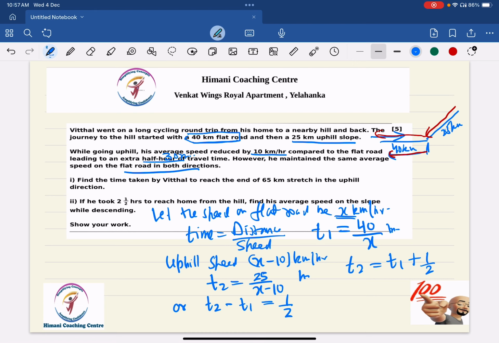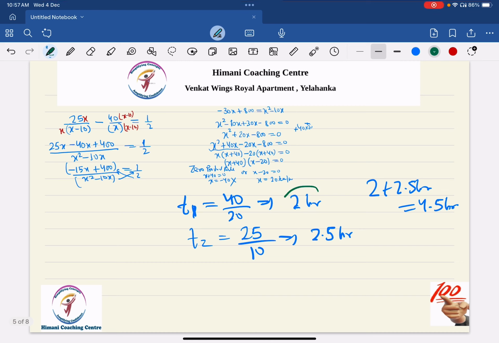Now, students, remember the question very clearly says that his speed remains the same on the flat road in both directions. So if he has taken 2.5 hours to reach home from the hill, we found that he took 2 hours on the flat road.